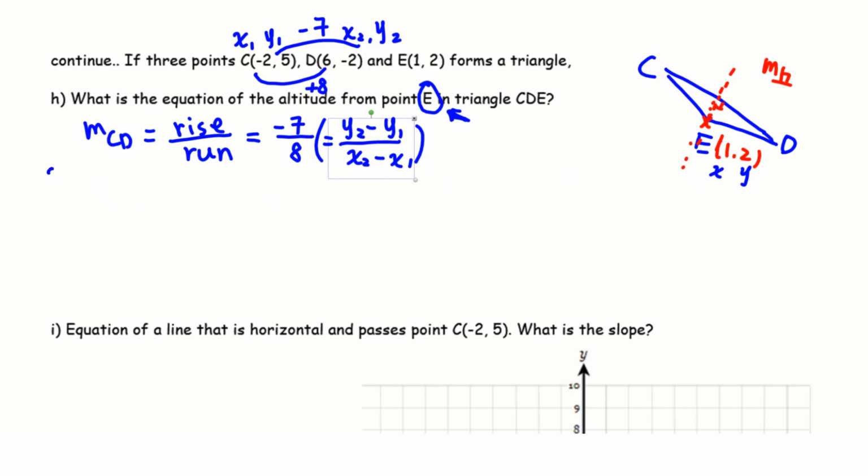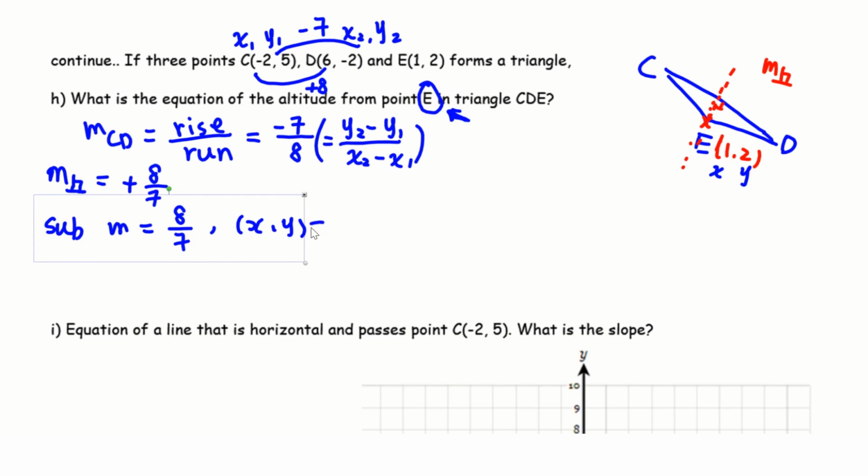Be careful: the perpendicular slope will be the negative reciprocal, or opposite flip. So opposite is positive, flip is 8 over 7. Then we sub in this slope, and the point this time is point E, not the midpoint.